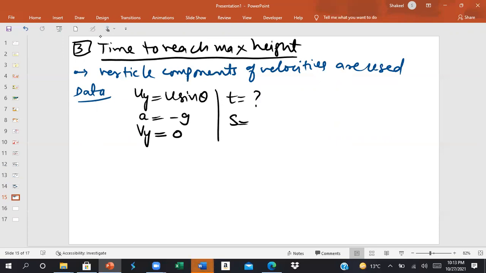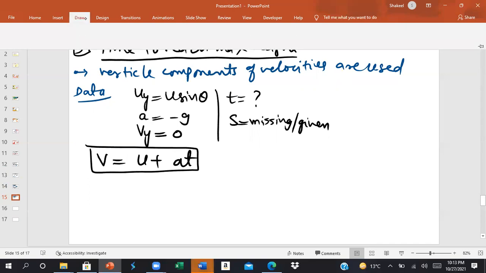And let's say s, the height, can be missing or it can be given, whatever. So which equation can you use? V is u plus at. Now you have to modify it.